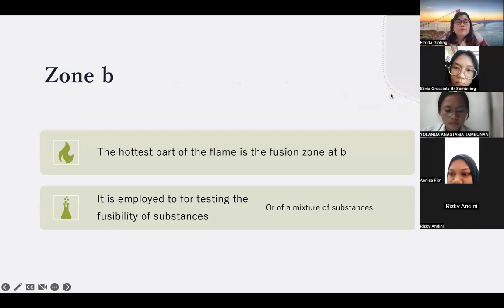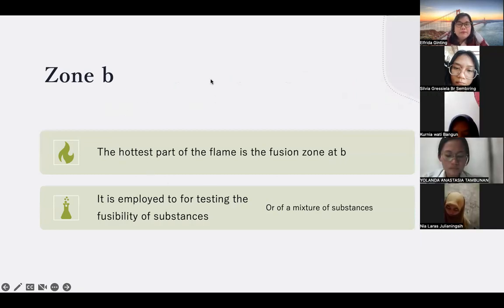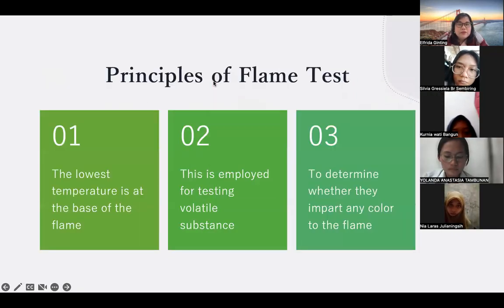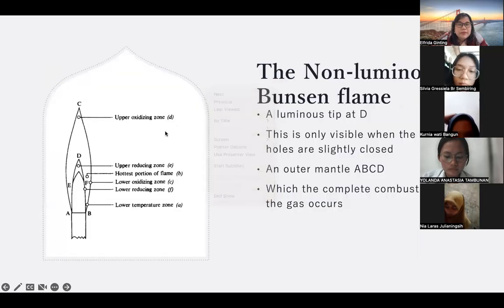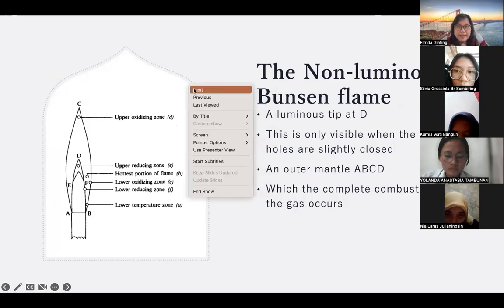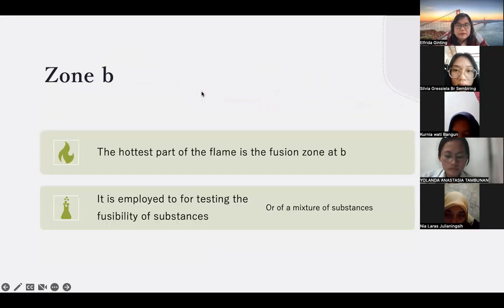Now, you remember zone B, right? Zone B here is the hottest part of the flame, and usually this is for testing a mixture substance.